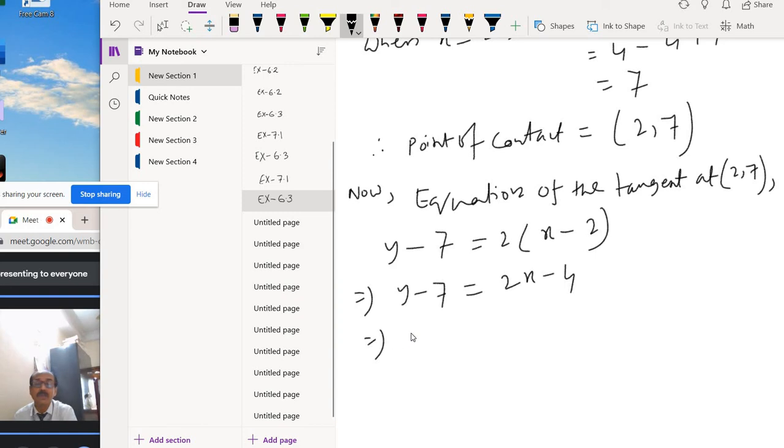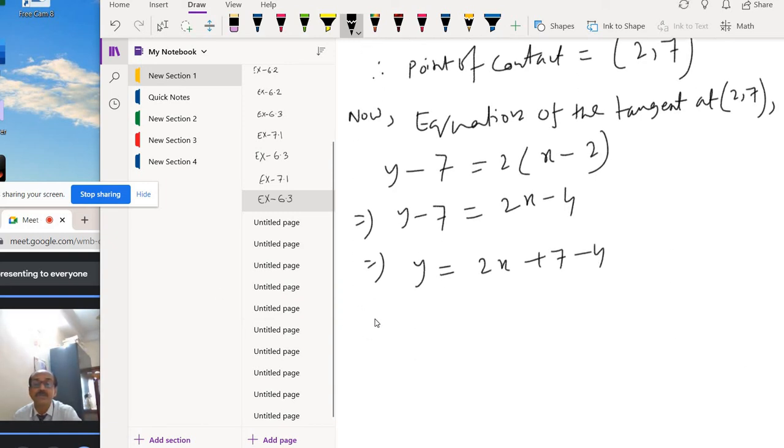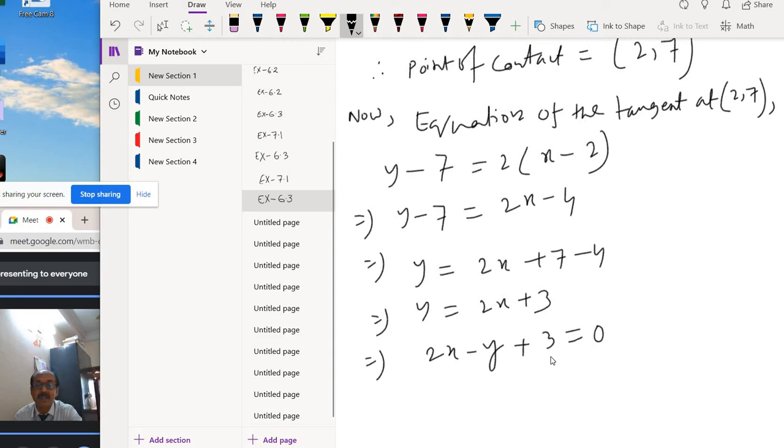So y equal to 2x plus 7 minus 4, y equal to 2x plus 3. So this means 2x minus y plus 3 equal to 0. This is the equation of the tangent at (2, 7).